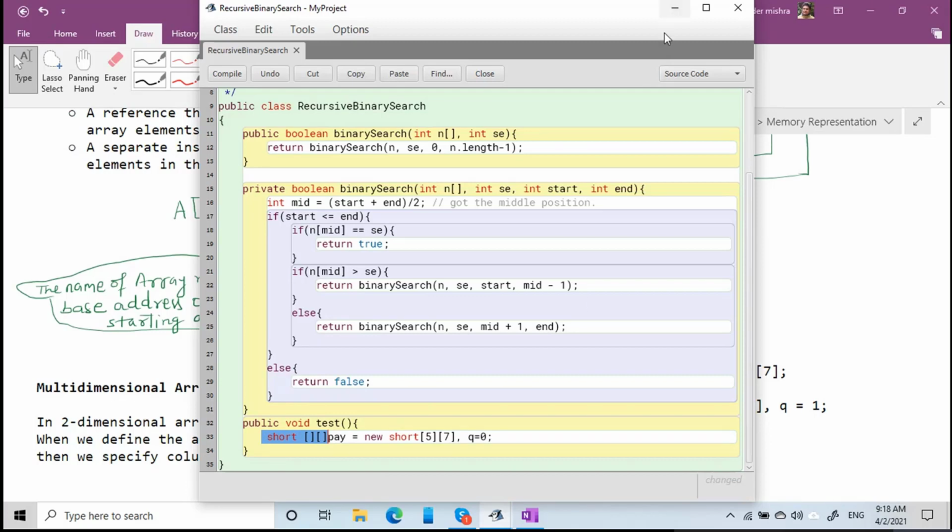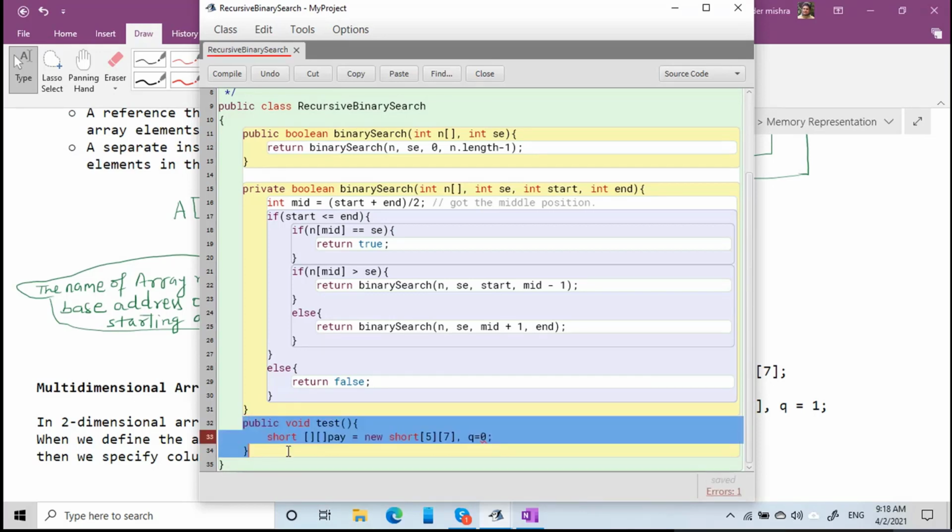So whatever variable you will declare in this line, all those variables are arrays. So you have to allocate memory for the array in the same line or in different lines. Okay, then it will work fine. So this is the story behind this square bracket before the identifier.